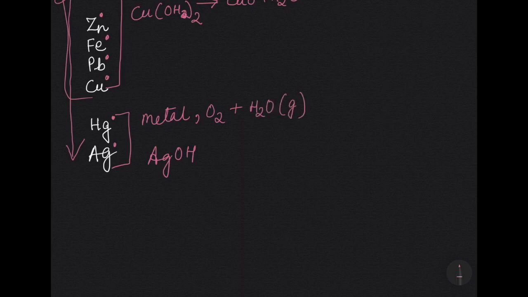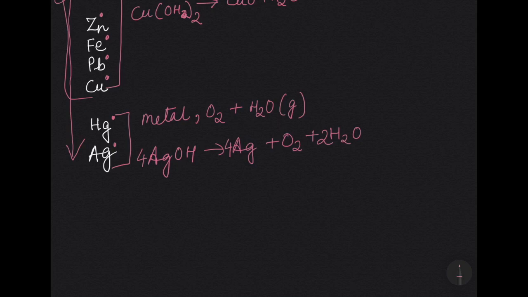So if we heat silver oxide, what are we getting? Metal, only metal here is silver, plus oxygen, plus water vapor. Of course, you need to balance. So 4, 4 and 2. So this is the balanced equation. I've already told you balancing is very, very important because you don't get marks for unbalanced equations even in ICSE.